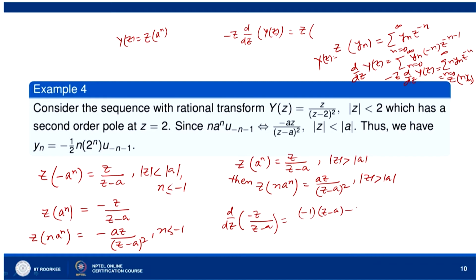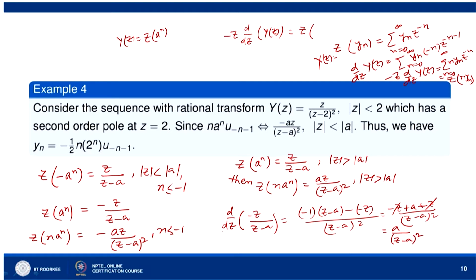So, minus z plus a plus z divided by z minus a whole square, and we will get a over z minus a whole square.